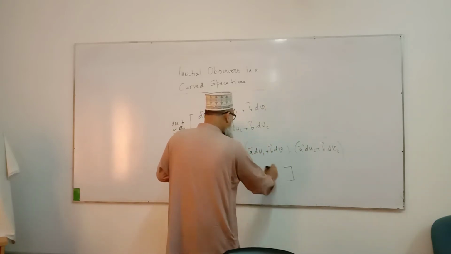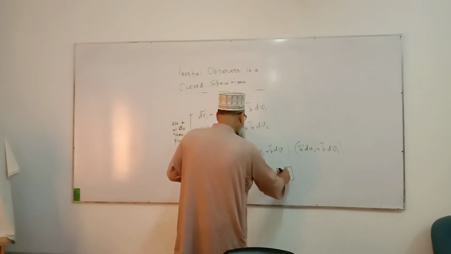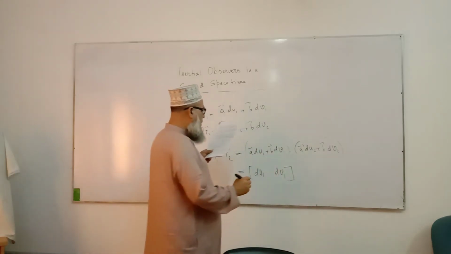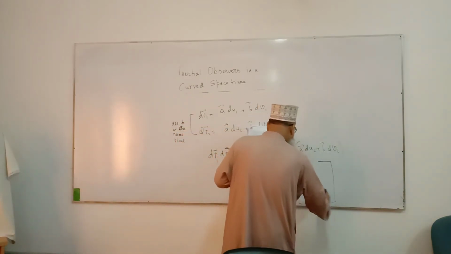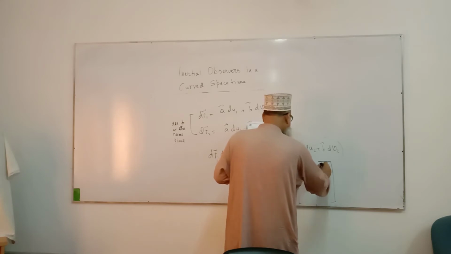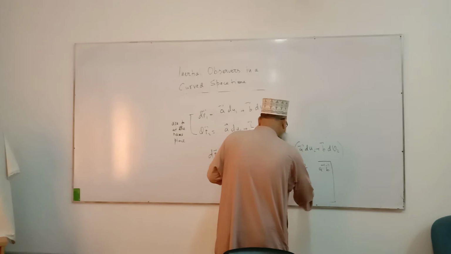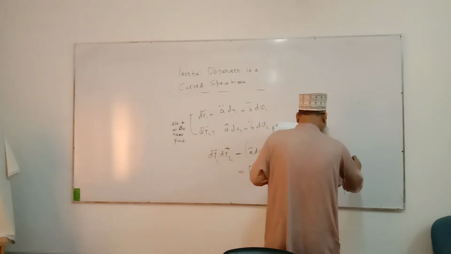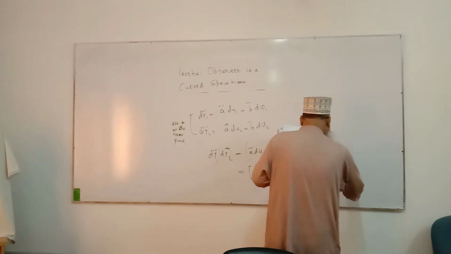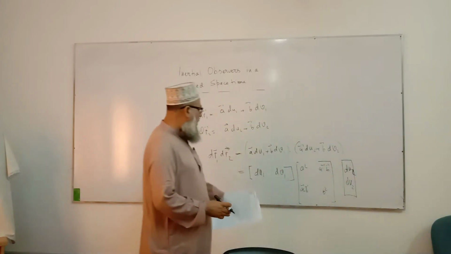This is the row matrix du1 dv1, then a square matrix 2 by 2, a square, a dot b, b square, then this column vector du2 dv2.